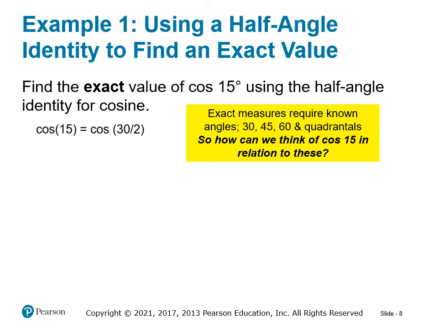Well, notice that the cosine of 15 degrees is equal to the cosine of 30 degrees divided by 2. And 30 is one of our known angles. Remember that 30, 60, 90 triangle? So if we look at that and now compare it here, if we make this the cosine of 30 over 2, then we can substitute cosine of 30 here, and we can actually calculate the right value.